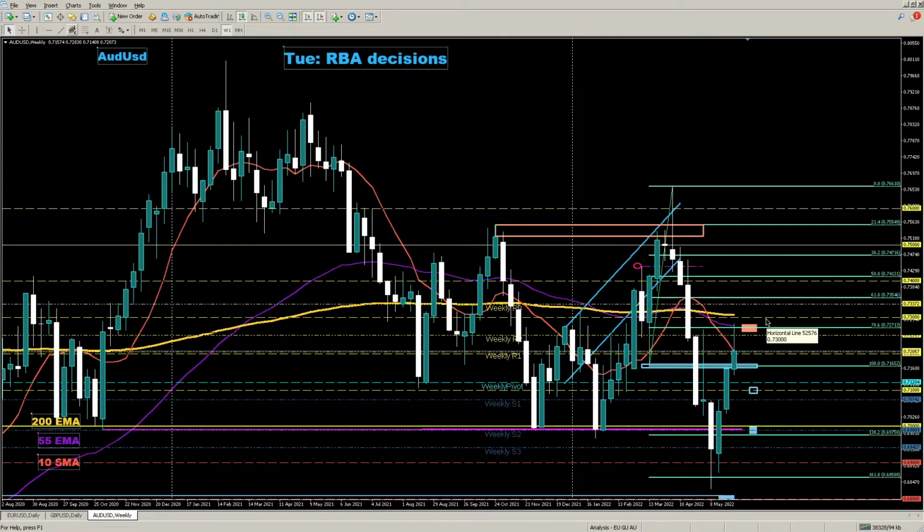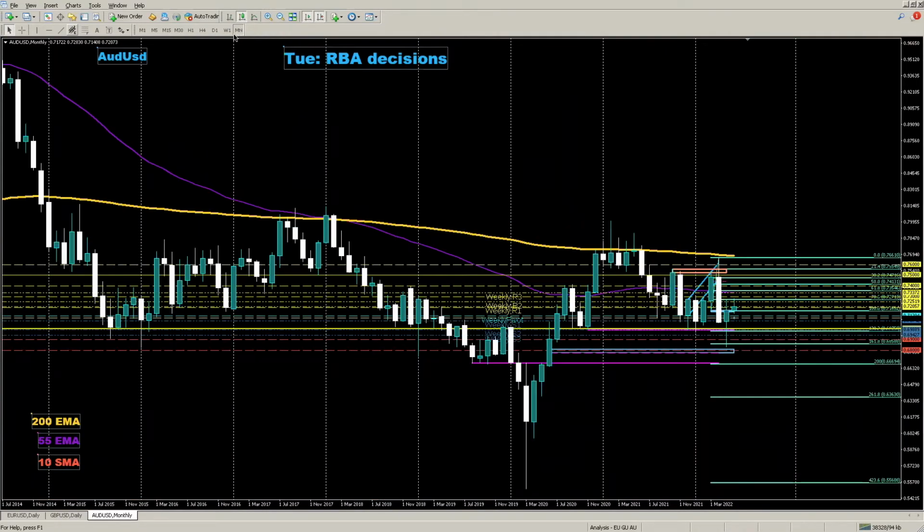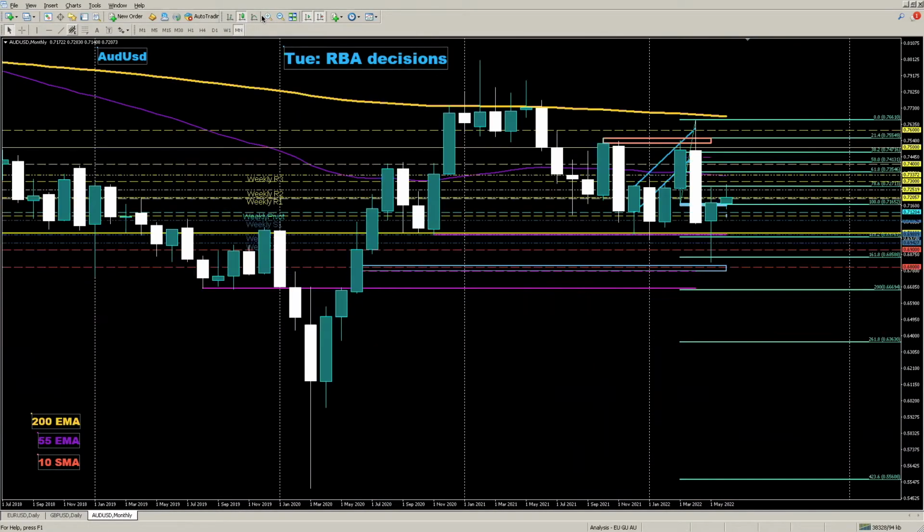So that's a potential target. On the monthly time frame, it looks like it was similar to the others, a strong bullish recovery for last month, and early days for this month, but we'll see if it's able to continue its recovery.